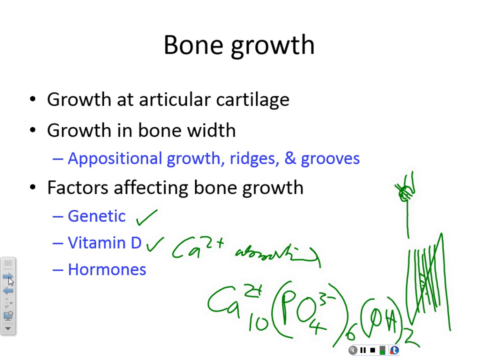So that's 10 calcium in just one molecule of hydroxyapatite. So there's a bunch of calcium, so you need vitamin D to help with the absorption from the small intestine.